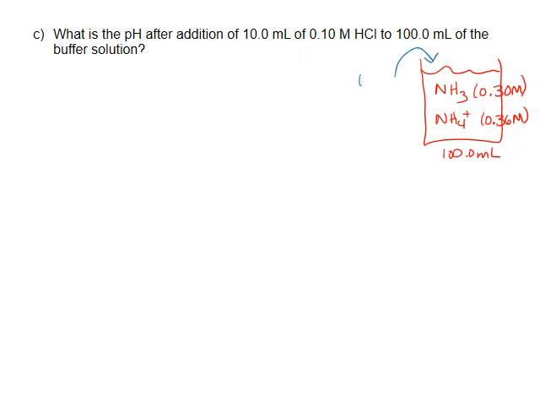And this time we're adding 10 milliliters of a 0.1 molar HCl solution. Our major species from the buffer are ammonia and ammonium. And we're adding HCl to that.